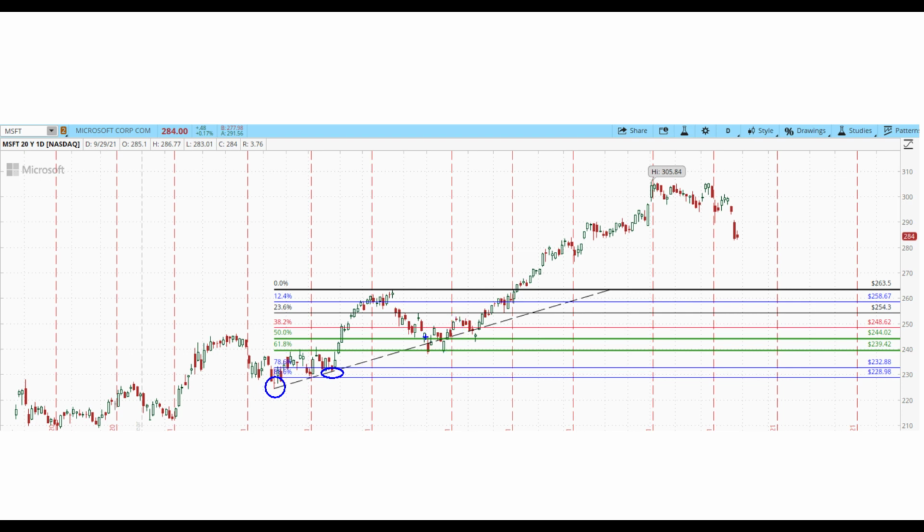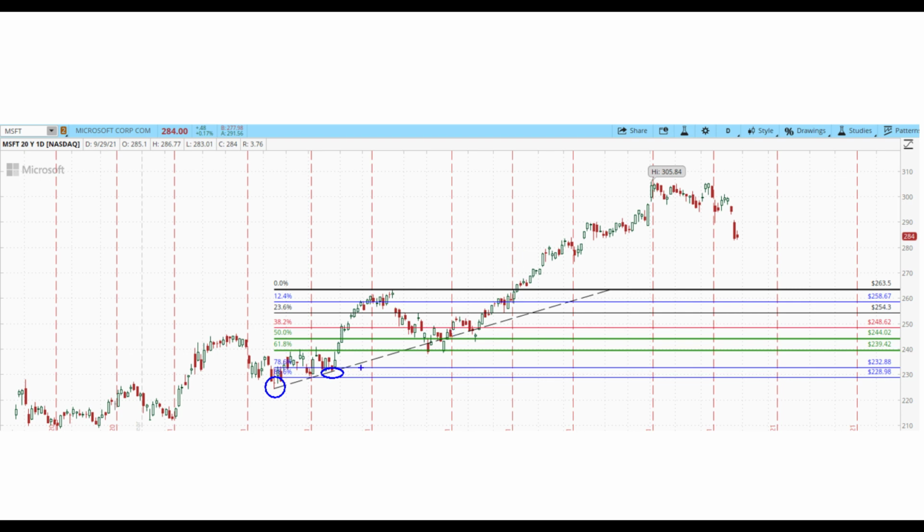Anytime you have the trend line going through the 50 to 61.8 area and price is also coming to that area, there's a high chance that it's going to be a fake out. And as you see, because it's within this 50 to 61.8 golden zone area, although it broke the trend line, it was a fake out and it went back the other way.